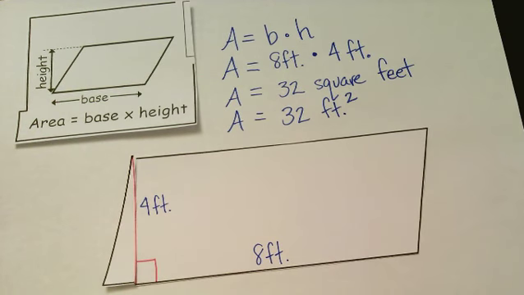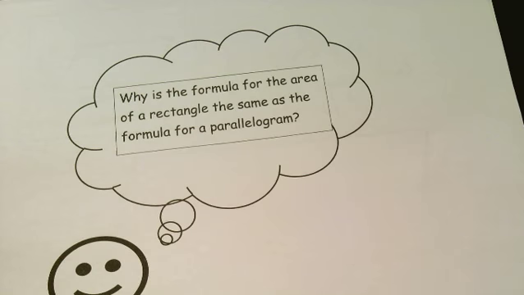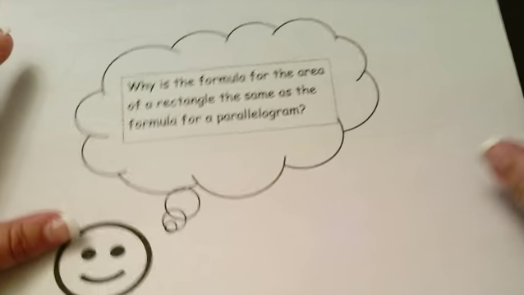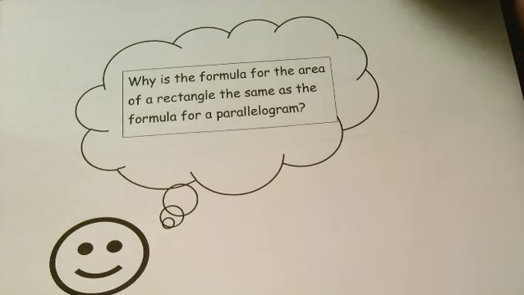So that is the reason why we use the same formula for a rectangle and a parallelogram, because any parallelogram can be turned into a rectangle. And we can use the same formula, area equals the base times the height.